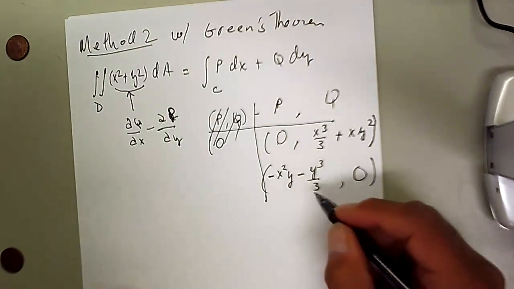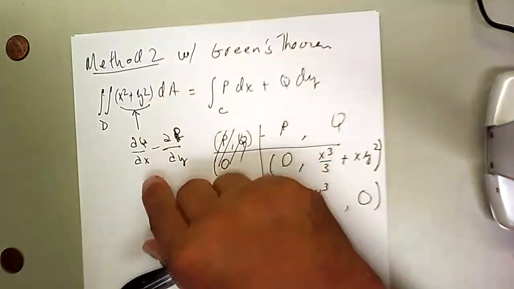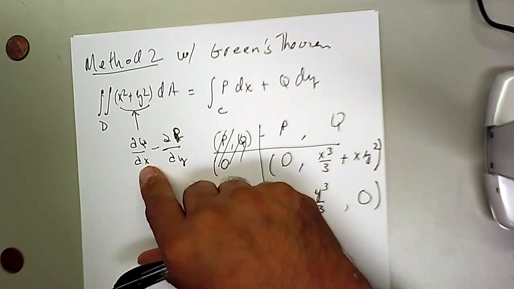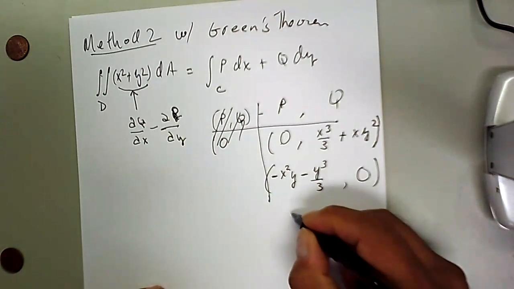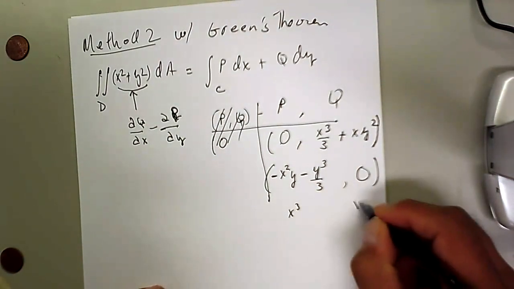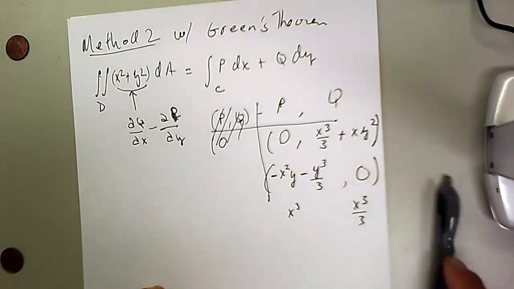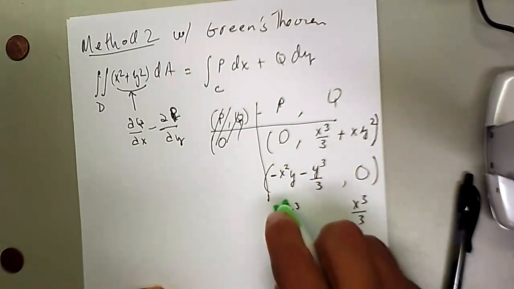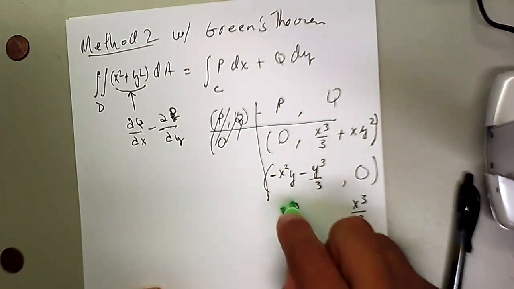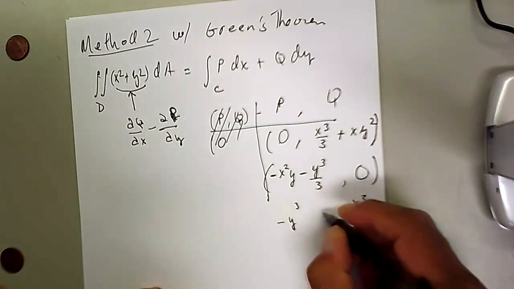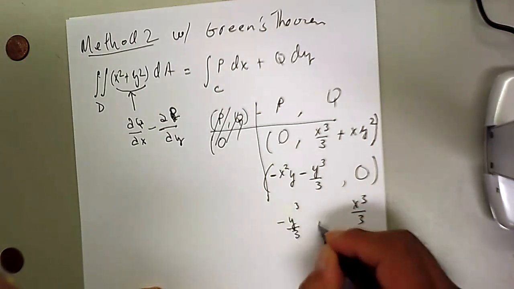And somebody could say, wait a minute, why don't we do x cubed over 3, and negative y cubed over 3.